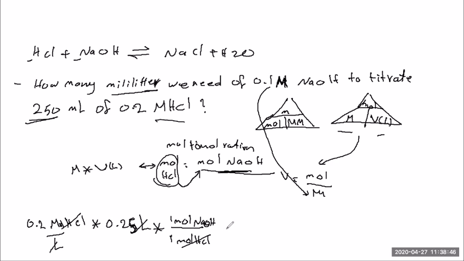Now I have a mole of NaOH here on top, so you will divide it by molarity. Sorry, this is mole divided by molarity to get the volume. This is the molarity of NaOH, so it will be 0.1 mole divided by liter NaOH.